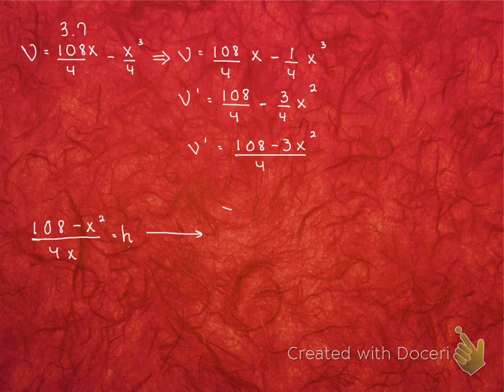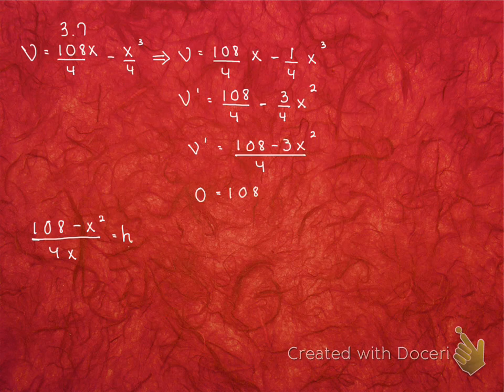Now to maximize that, we need to set that derivative equal to 0 and solve for x. And when we solve for x, that is giving us the x dimensions of the base of that box.